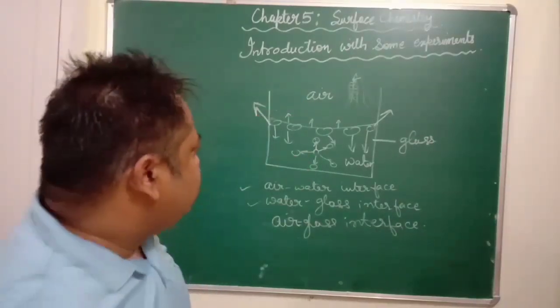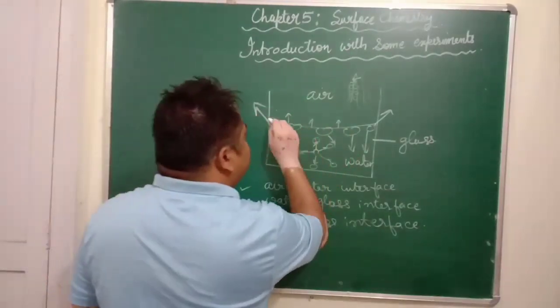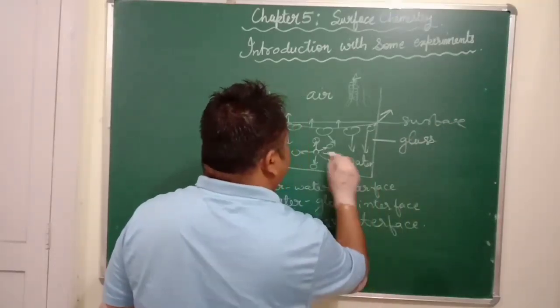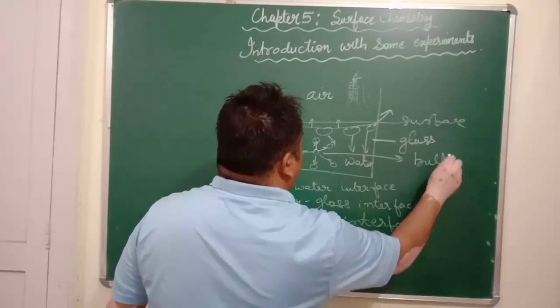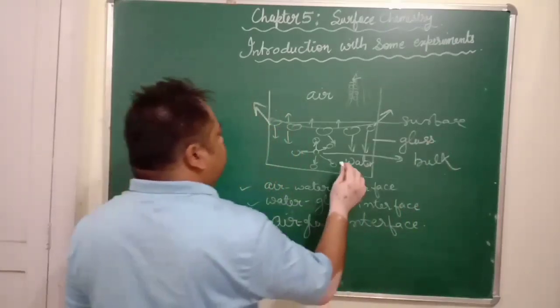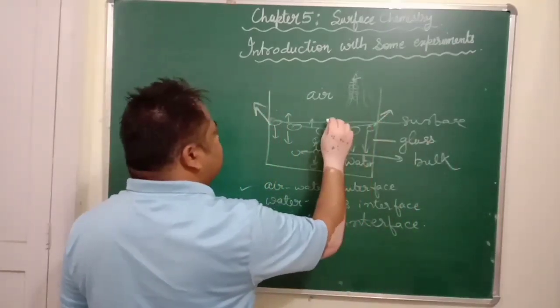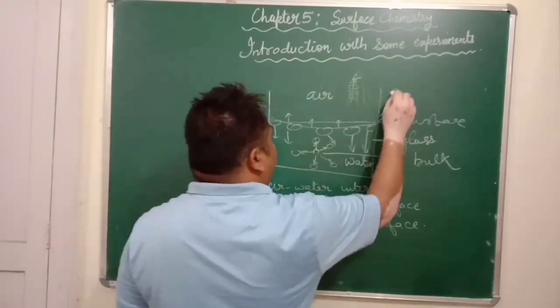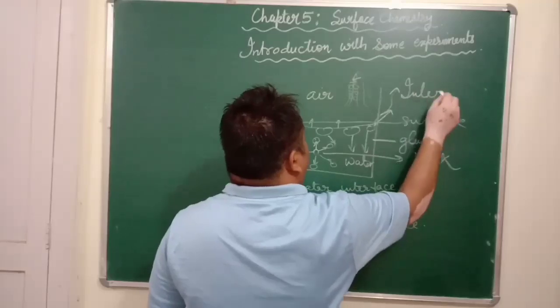This is surface, this is bulk, and between two surfaces, that means the bottom surface of the air and the top surface of the water, it is called an interface.